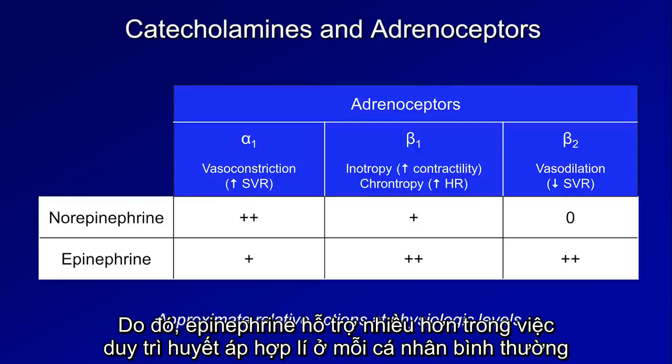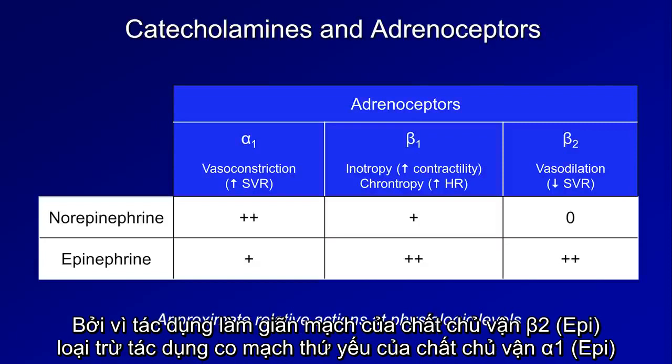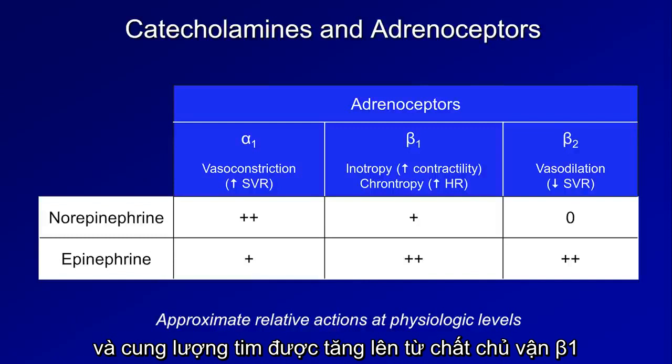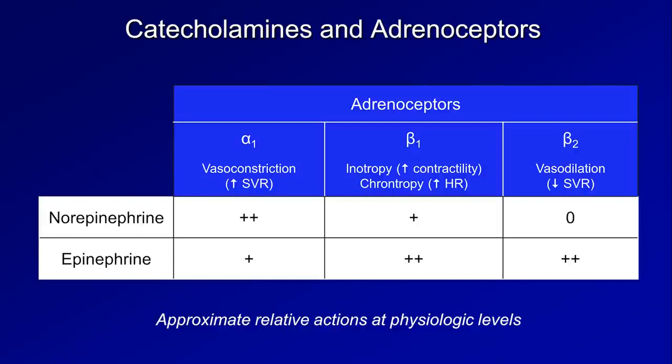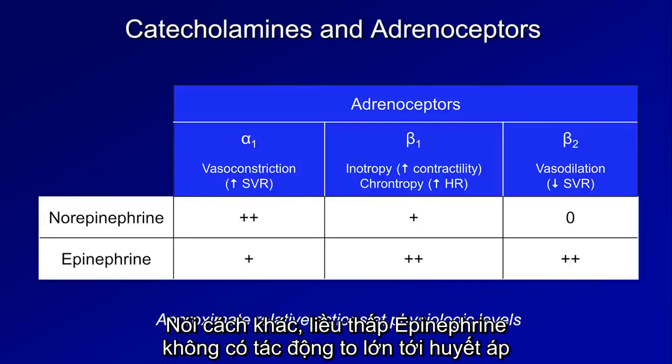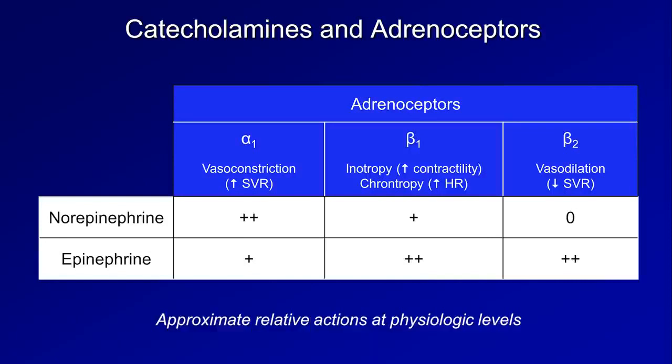Thus, norepi contributes more to maintenance of sufficient blood pressure in normal individuals because the vasodilatory effect from epi's beta-2 agonism partially cancels out the minor vasoconstrictive effect of epi's alpha-1 agonism and its increased cardiac output from beta-1 agonism. In other words, at low doses, epi does not have a tremendous effect on blood pressure.